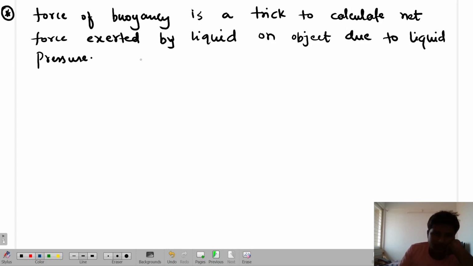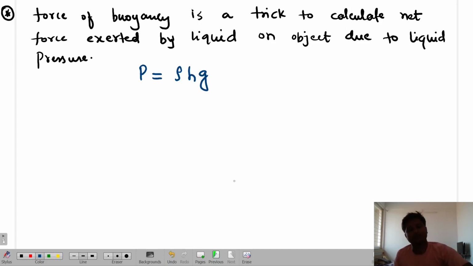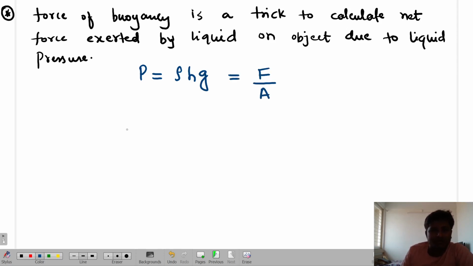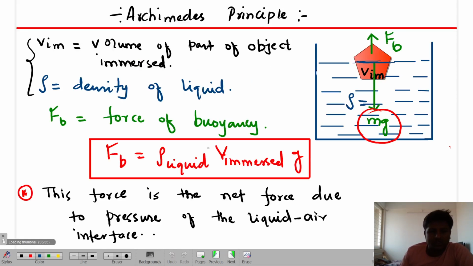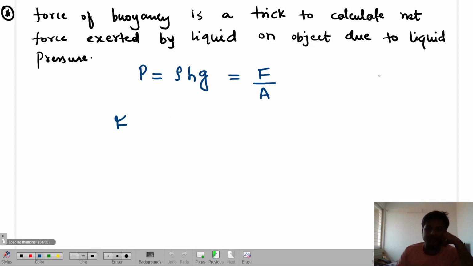You only think. See, pressure is given as what? Rho into h into gravity g. Yes, isn't it? Now, pressure is also force by area. So this pressure which the liquid is applying on this body can be written in terms of force, and that force is called the buoyancy force, which is equal to rho into area into height into gravity g.